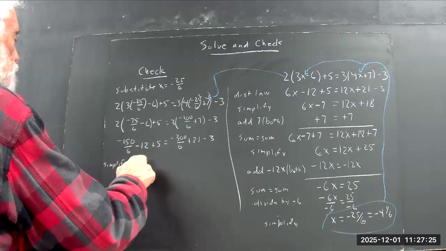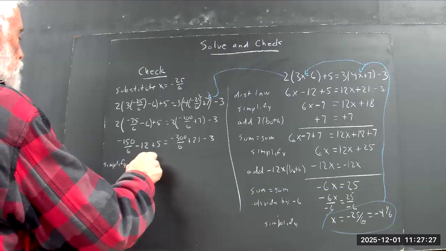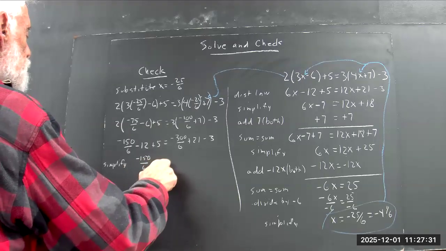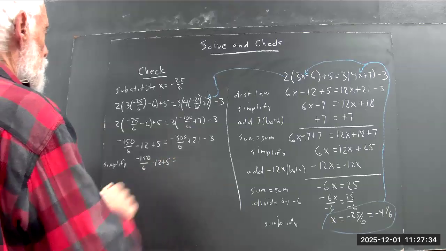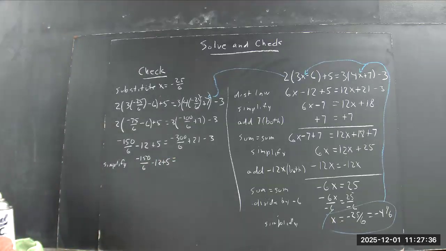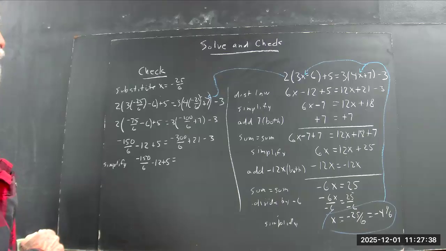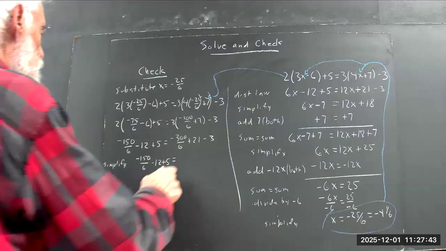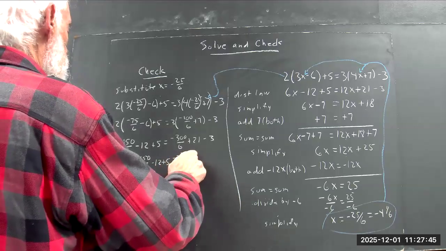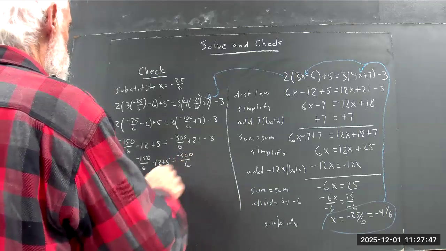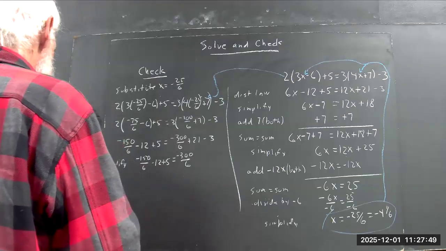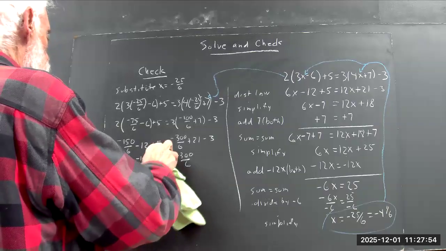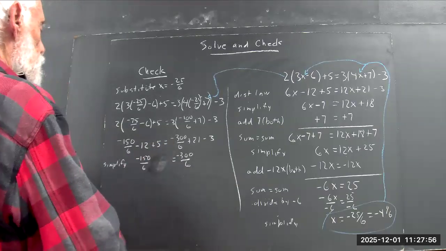And write this left-hand side as negative 150 over 6 minus 12 plus 5 equals, rewriting what I had.